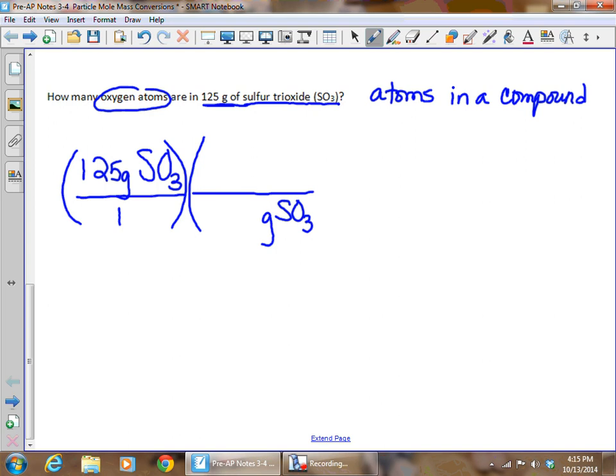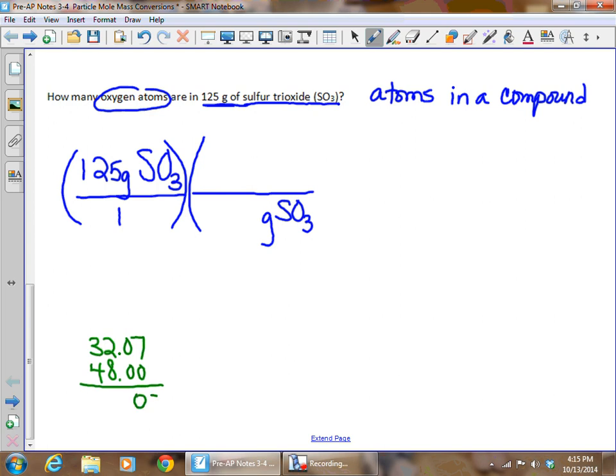So if we look up, 1 sulfur is 32.07. I'll do this down here kind of out of the way. 32.07 for our 1 sulfur. Each oxygen is 16, but there are 3 of them, so that's 48 for our oxygen mass.